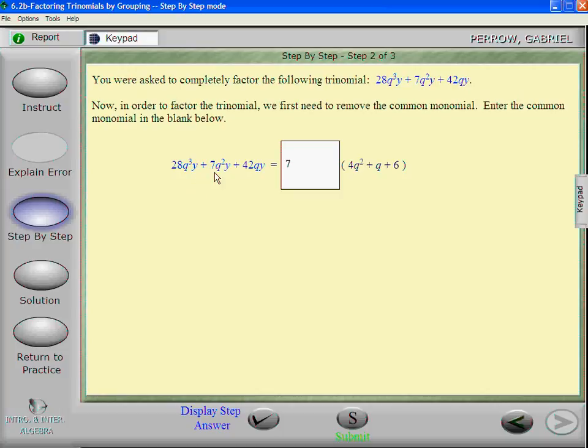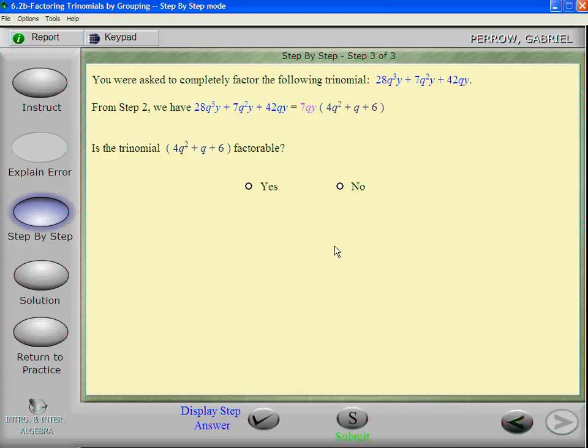Q's, q to the third, q squared, q, they all have a q in common. Y, and y, they all have a y in common. So if you were to divide this by 7qy, you'd get 4q squared. If you divide this by 7qy, you just have q. If you divide this by 7qy, you just have 6. So that's where this came from over here. But we'll have 7qy times this stuff in parentheses.